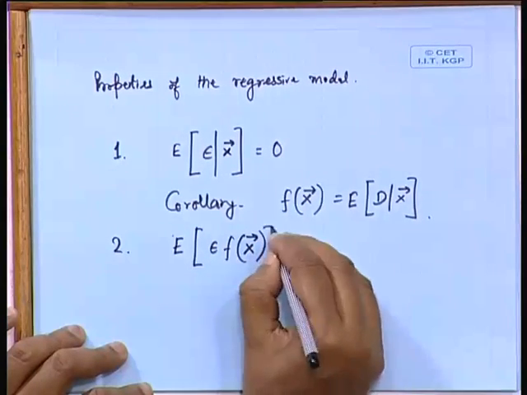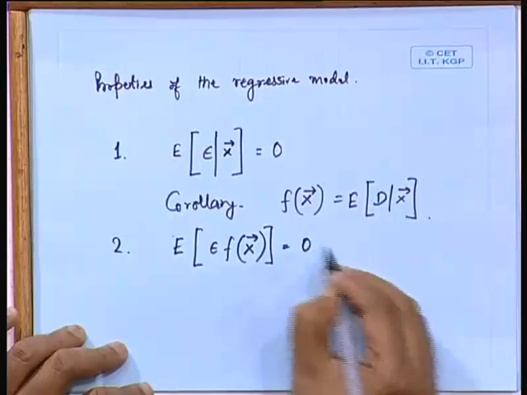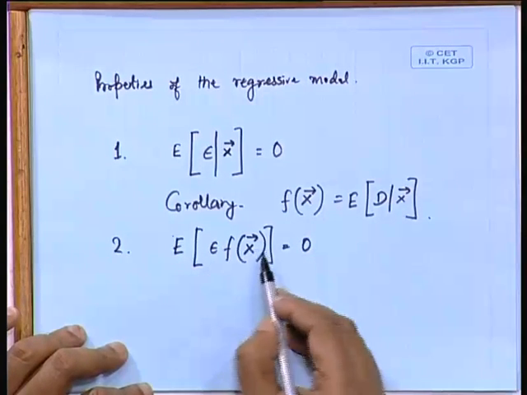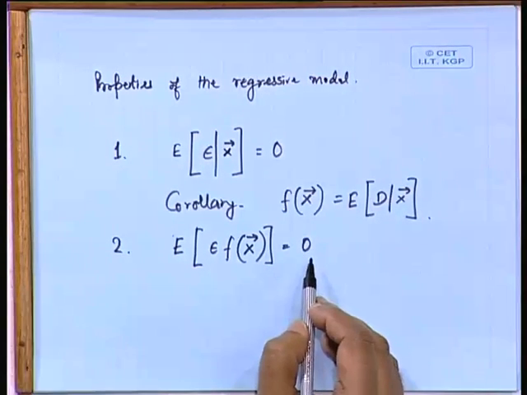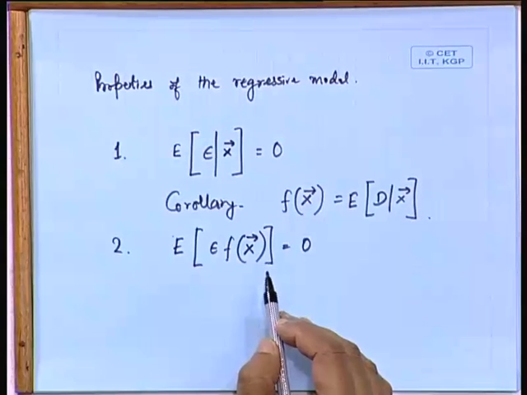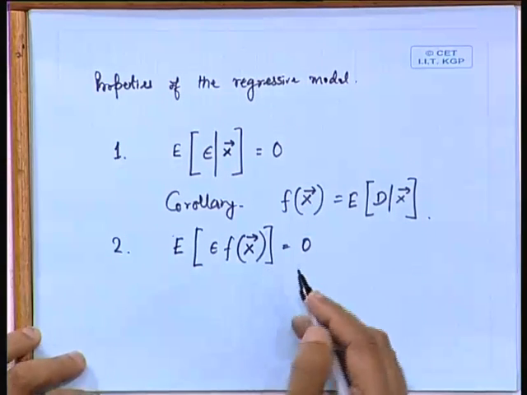So that means the expectation of epsilon f(x vector) is equal to 0. In fact, it is quite easy to see that.